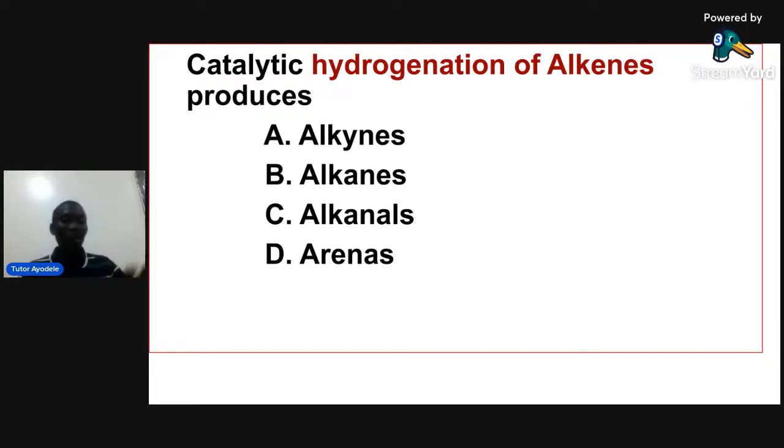Hydrogenation there means adding hydrogen, from the word hydrogen. Notice that to get the formula for alkenes, you subtract 2 hydrogens from the alkane formula, which tells you that alkanes have 2 more hydrogens than alkenes.